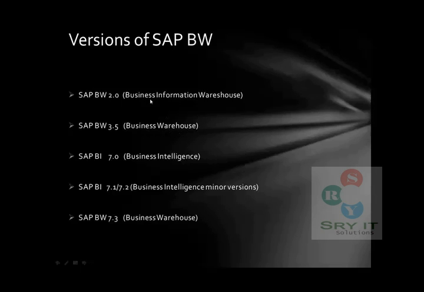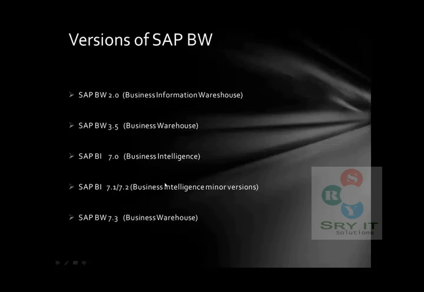Before 3.5, they used to call it BIW, and from 3.5 they call it BW, business warehouse. And from 7.0 onwards, they call it business intelligence, BI. BW was renamed to BI from 7.0, and the 7.1 and 7.2 releases also use the same naming, business intelligence.